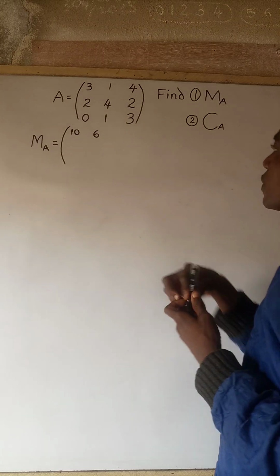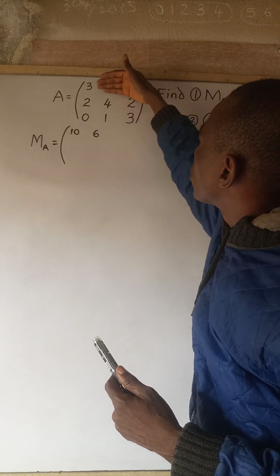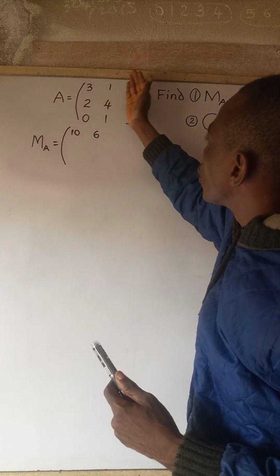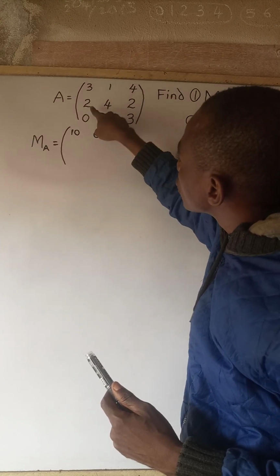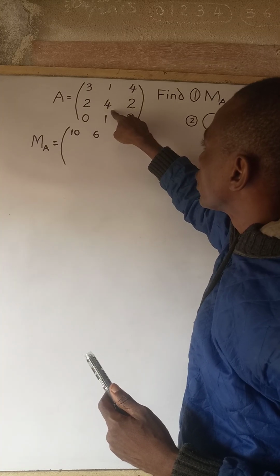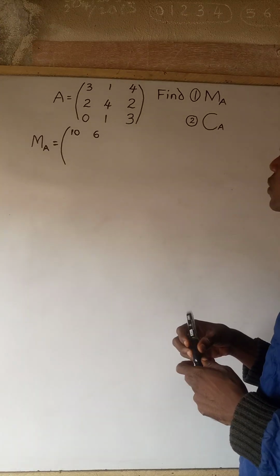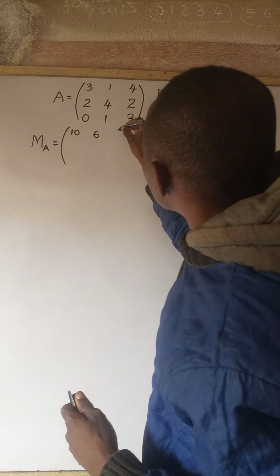We continue. Now for the third element, I will delete the row and the column. We will have this left, which is 2 times 1 is 2. 0 times 4 will give us 0. So 2 minus 0 will give us 2.